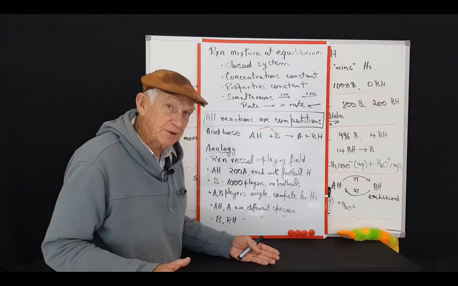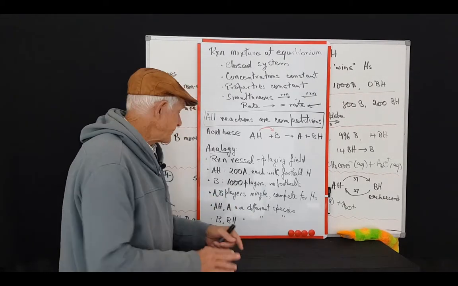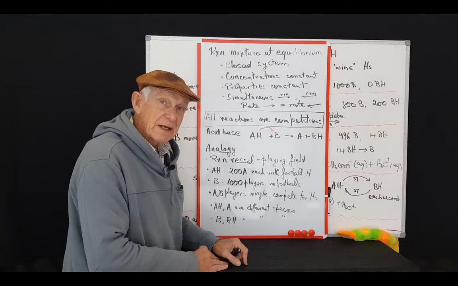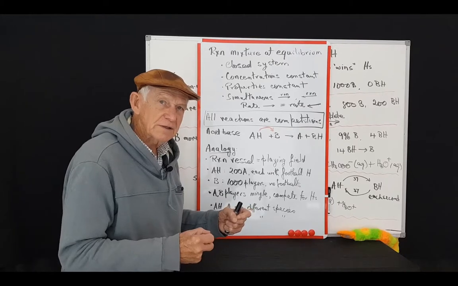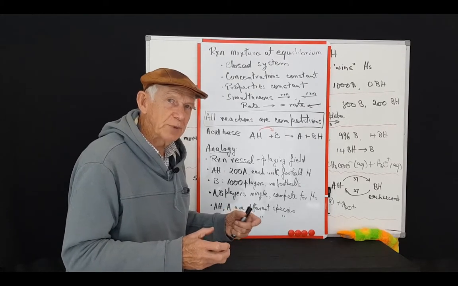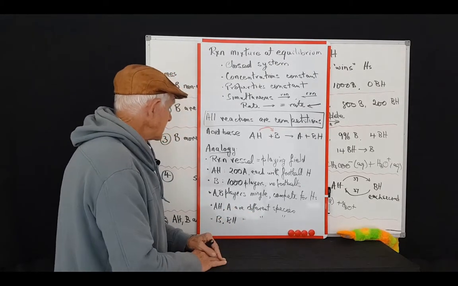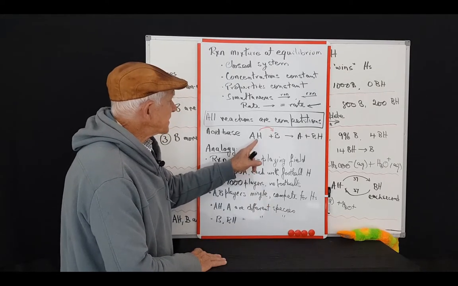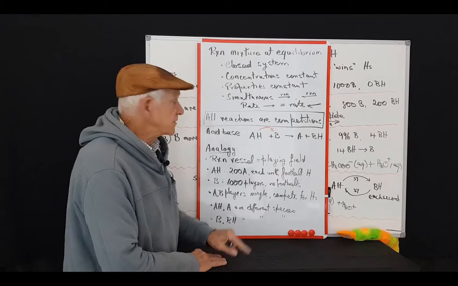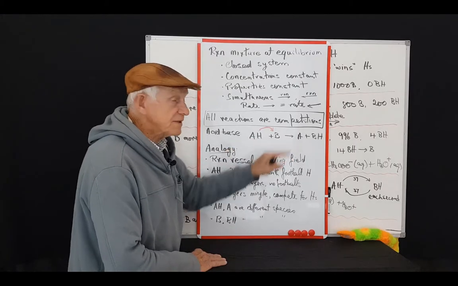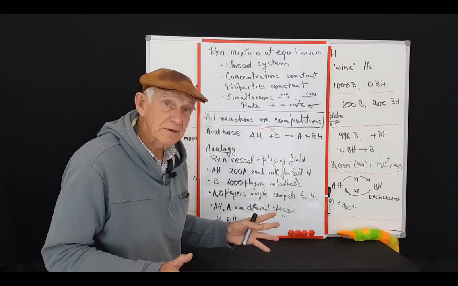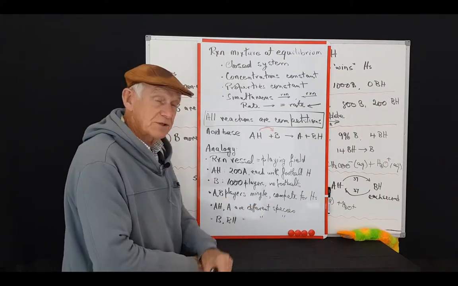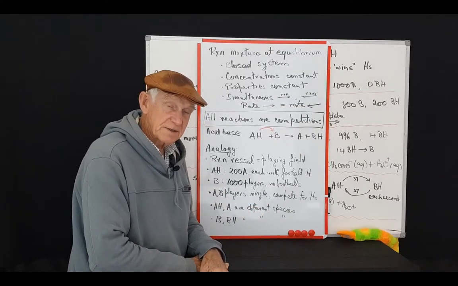None of them have footballs. The A players and the B players mingle and they compete for these H's, for the footballs. And we have to accept that AH and A are different species. That's a different species from that. Just like acetic acid, the acetate ion, they're different things. Reactant, product. And B and BH are different species.